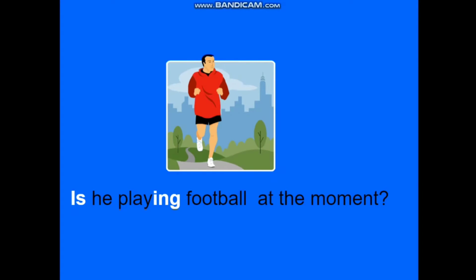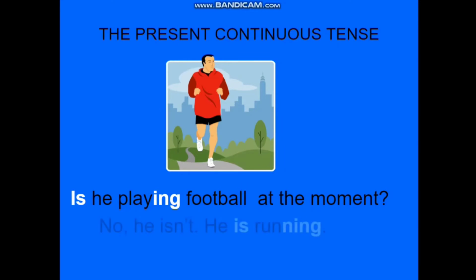Okay, now here is a picture and we will discuss what he is doing at this moment. Is he playing football at the moment? No, he is not playing football at the moment. Then what is he doing?